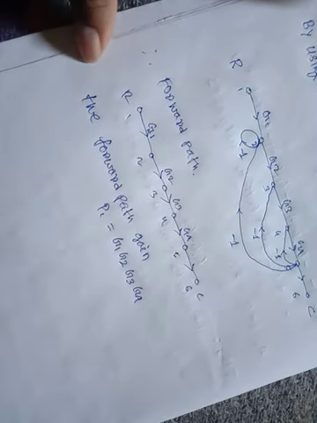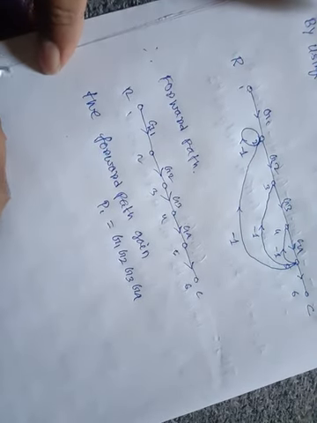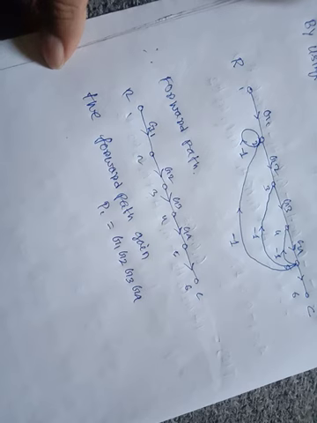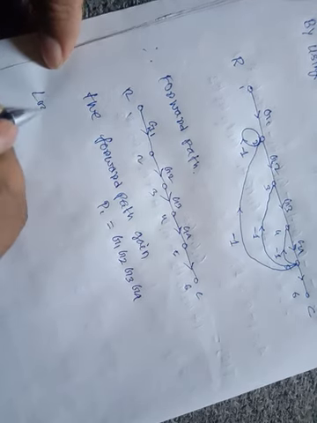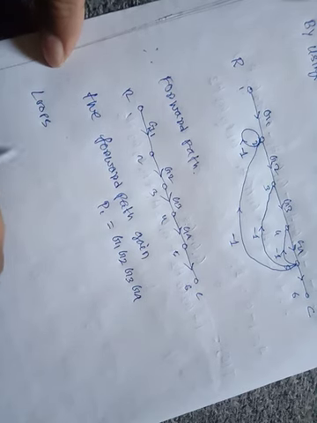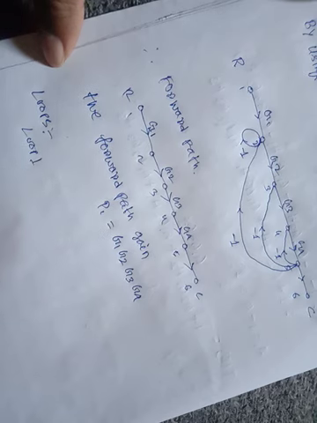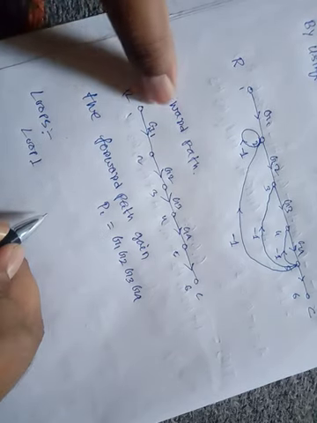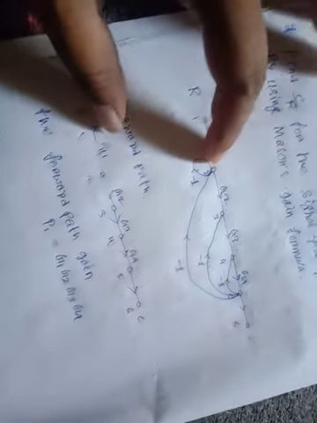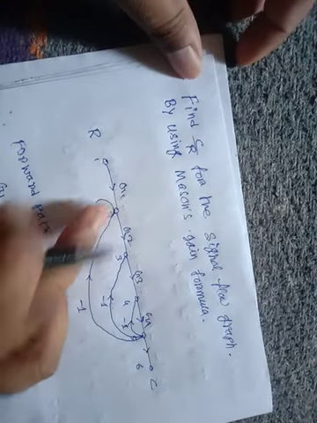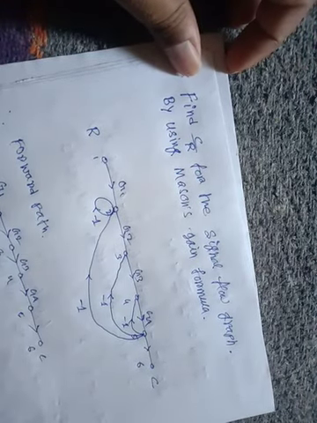The next are the loops. There are 4 individual loops. Loop 1 is a self loop.